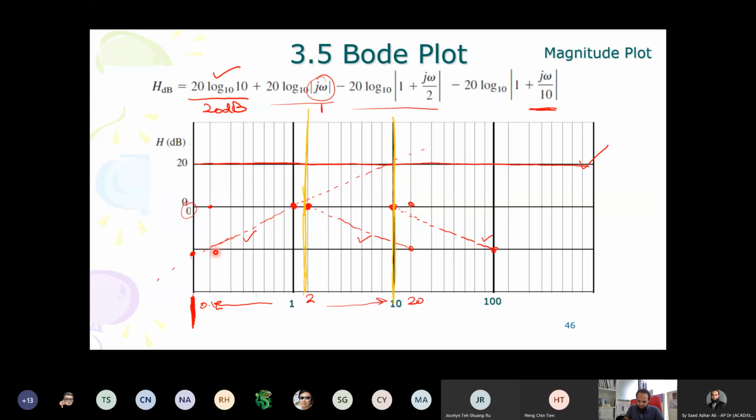But we know that it is of slope 20 from 0.1 until 1. So we focus on 0.1 and 1, and we have to increase the magnitude by 20 because this is increasing by 20 in 1 decade. I repeat, this is 0.1 and this is 1. At this point, we have 20 and minus 20. So this is 0.